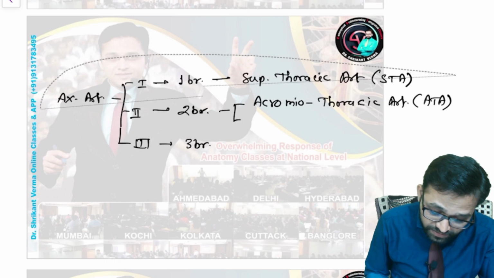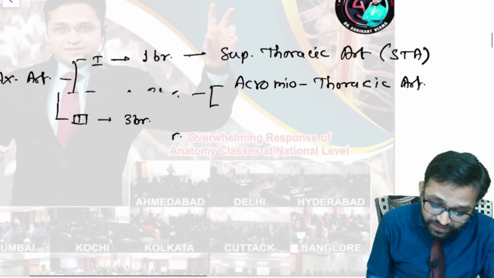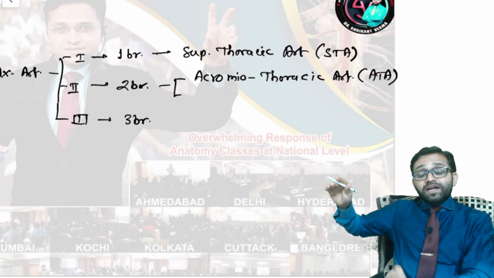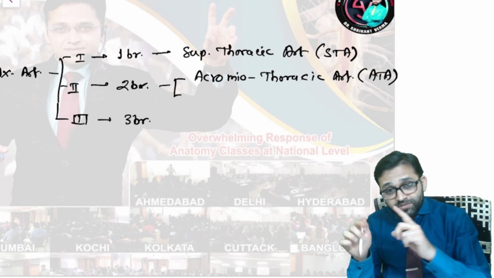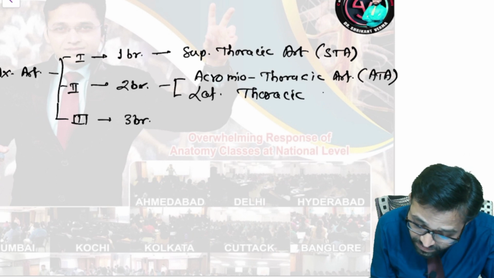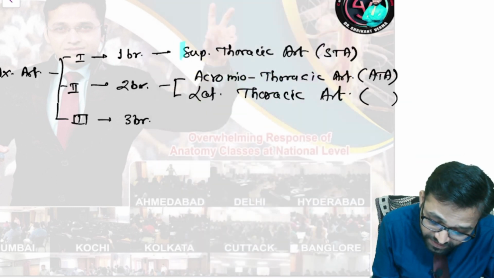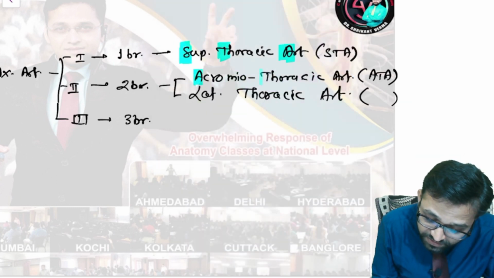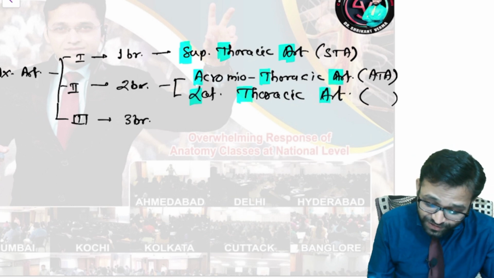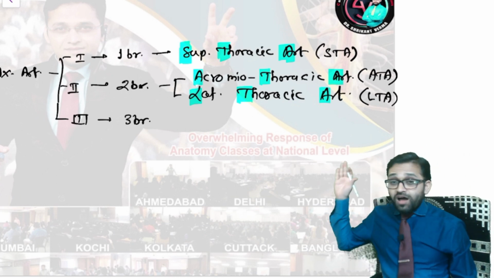Another branch runs in the thorax from the lateral side, that's why we will say the lateral thoracic artery. In short, SATA, then ATA, and then LTA, means Lata. This is the funny way you can remember. So three sisters you have remembered till now: SATA, ATA, Lata.